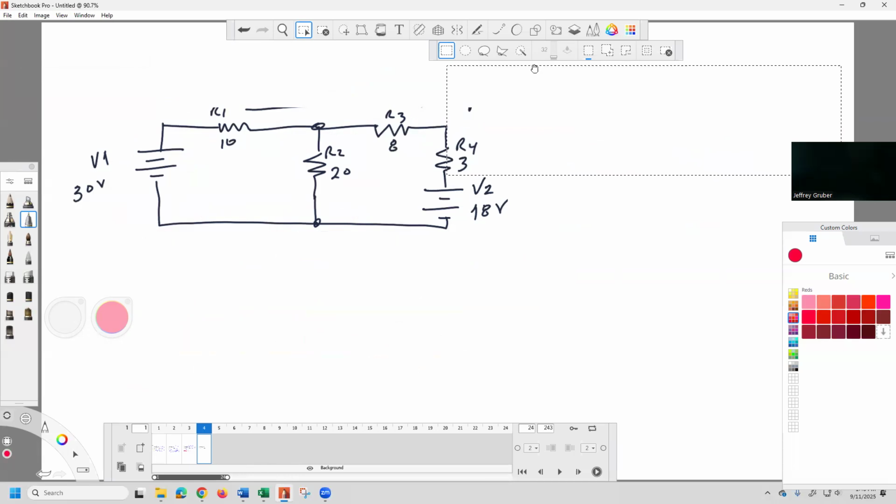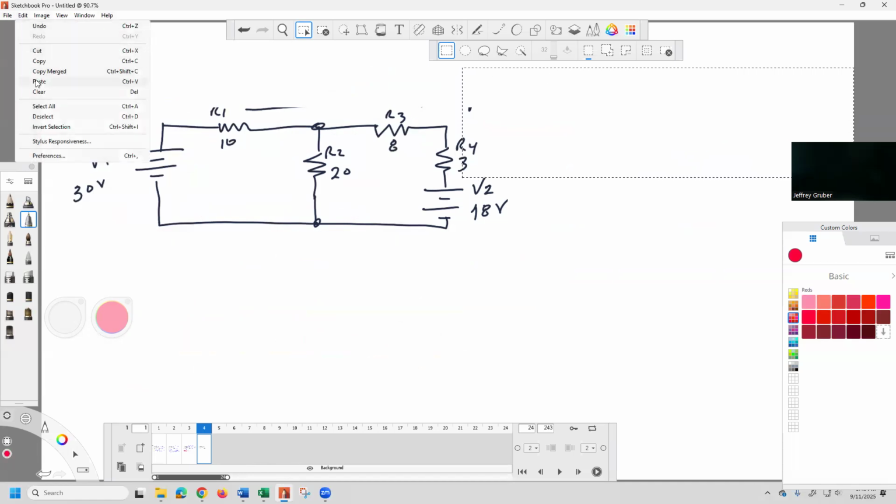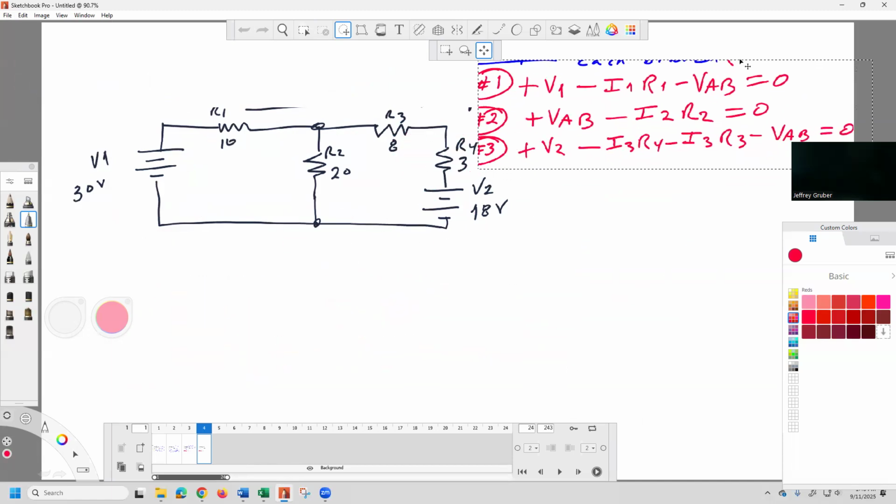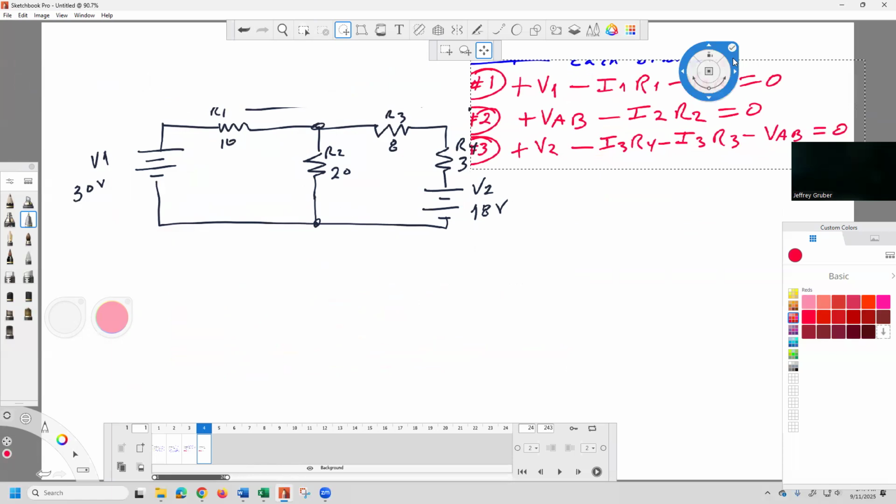If I can fit it right here. Can I fit here? Just barely. Yeah, I wonder if I can delete this.